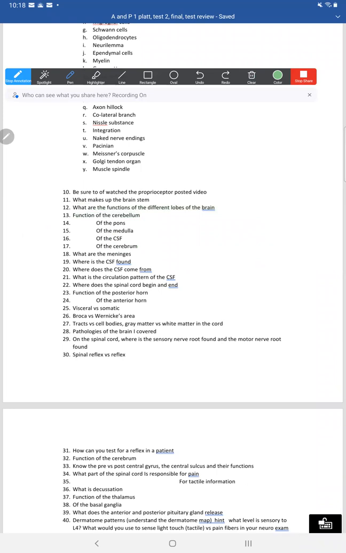Okay, what are the meninges? Well, for starters, there's 3 of them. The dura mater, arachnoid mater, and pia mater. Okay, where is cerebrospinal fluid found? Anybody know where the cerebrospinal fluid is found?